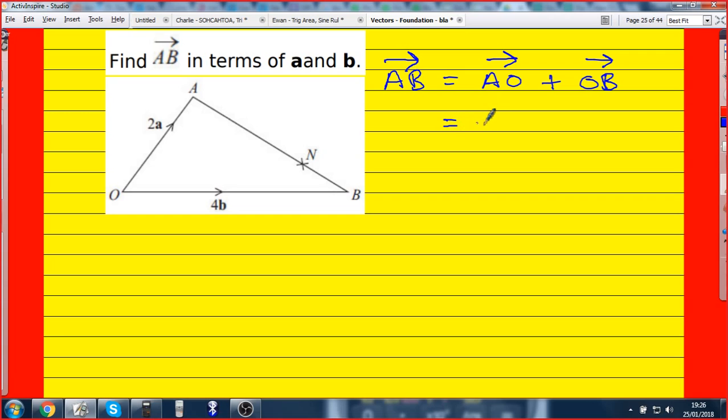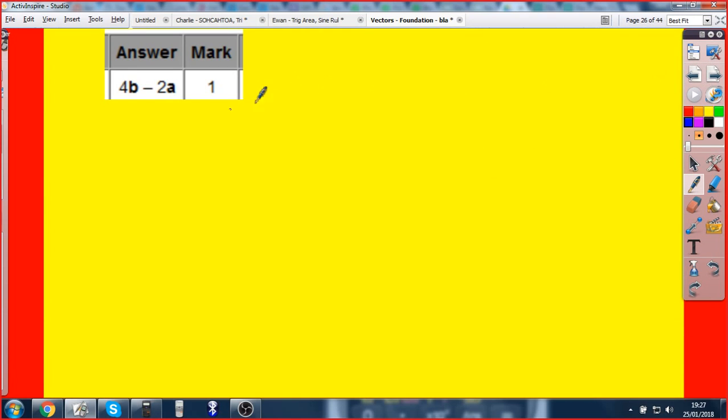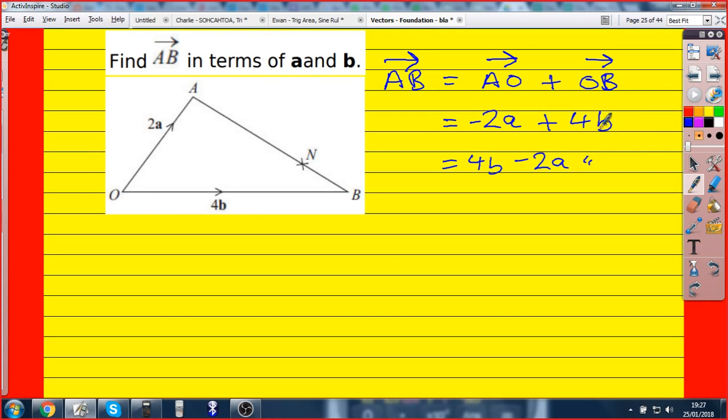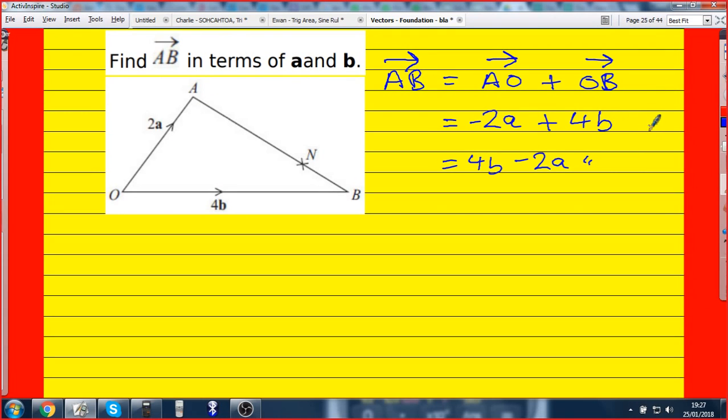So then that equals minus 2A. OA is 2A, AO is minus 2A. Then plus 4B. So it's just 4B minus 2A. Well done. 4B minus 2A. Any questions there? No.